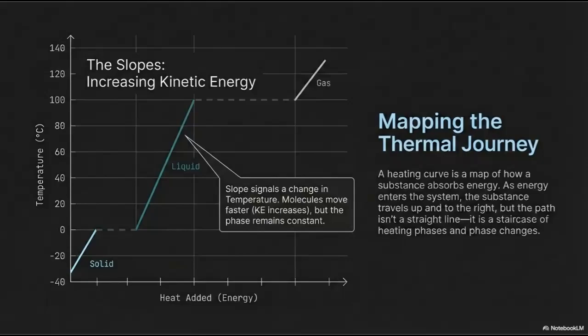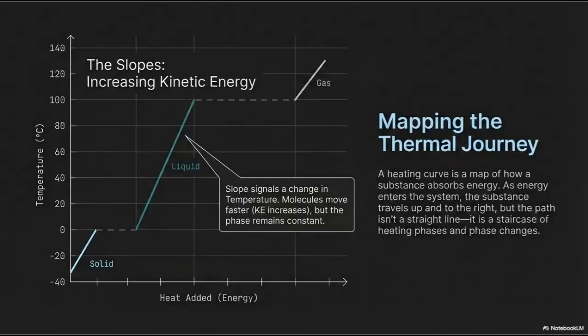So right now you're seeing that there are 5 distinct sections in here. The first section is where we have a solid heating up, that's kinetic energy. Then melting, which is flat. Then we have the liquid heating up. Then we have the boiling point or evaporation section, and then it's just the gas heating up.